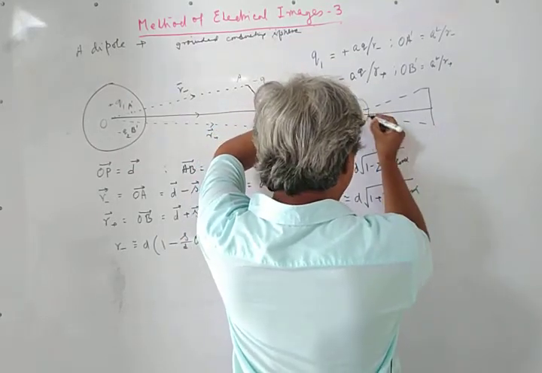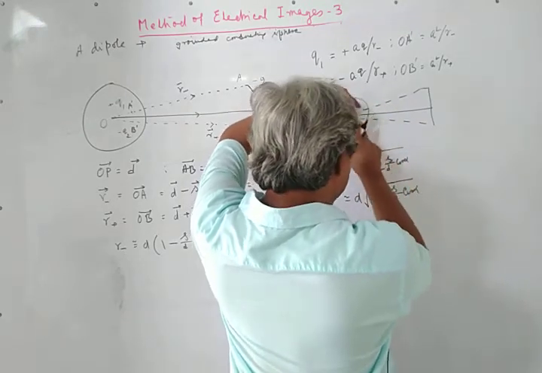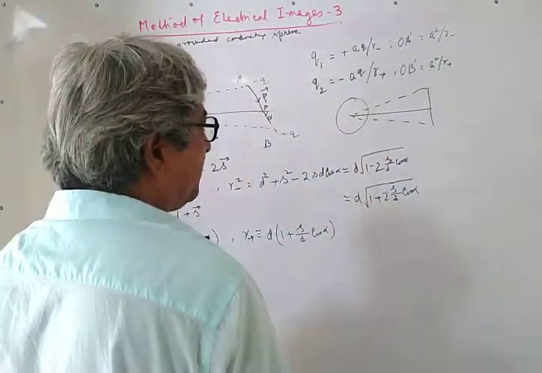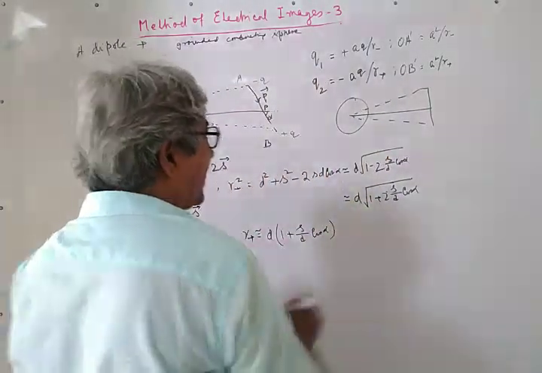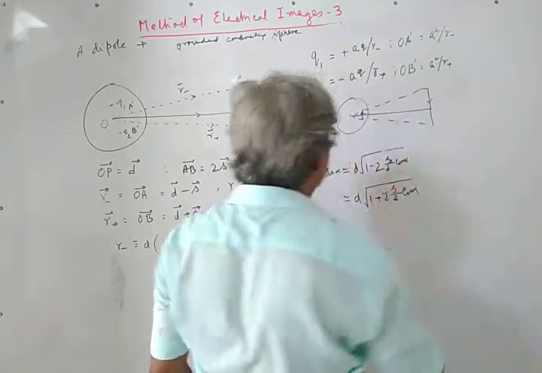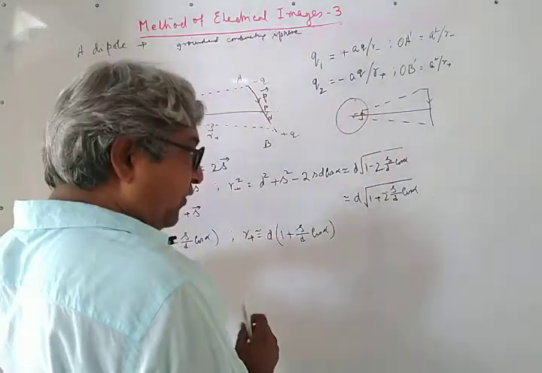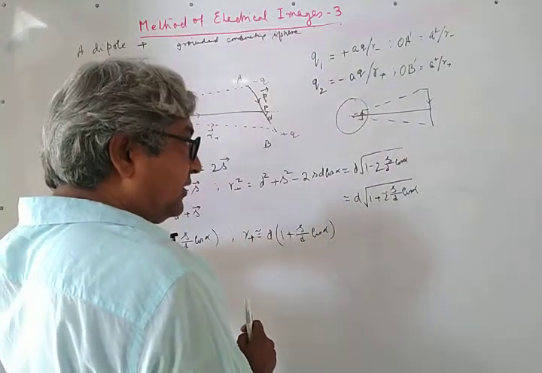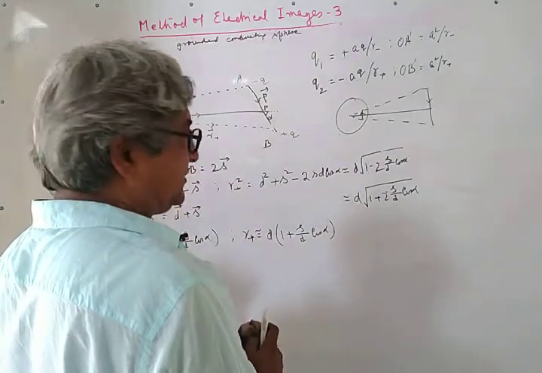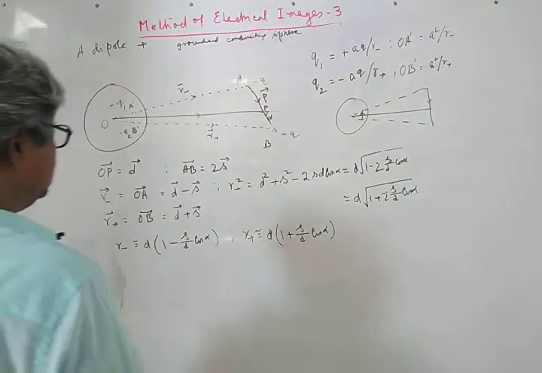In that case, the two image charges will be of equal magnitude but opposite sign, and again a dipole, in the direction of the dipole moment. This is a very special case when alpha is 90 degrees. If alpha is not 90 degrees, the image charges do not form a dipole.